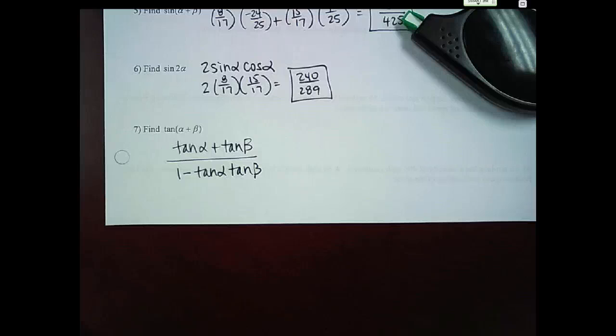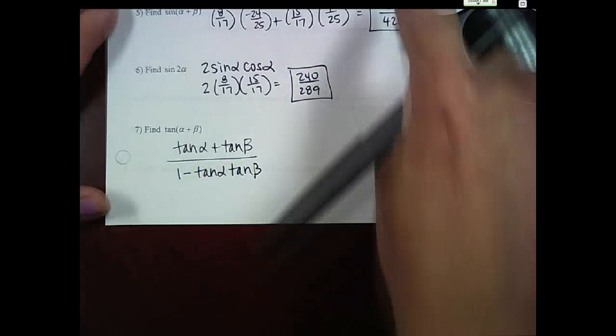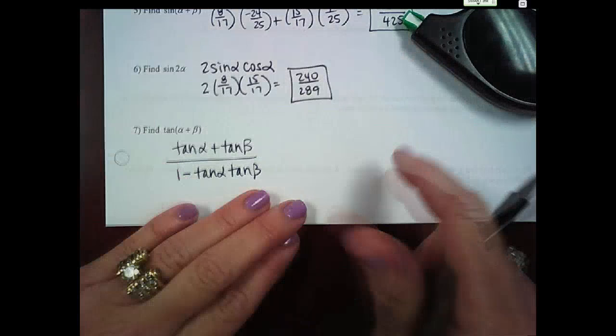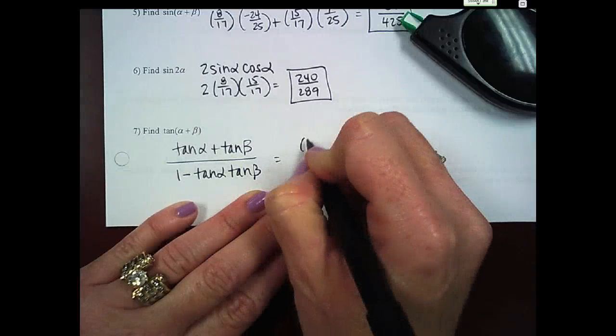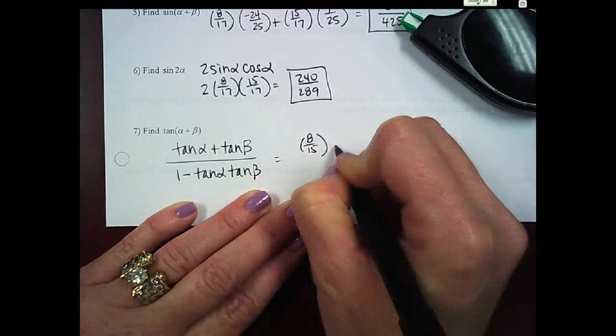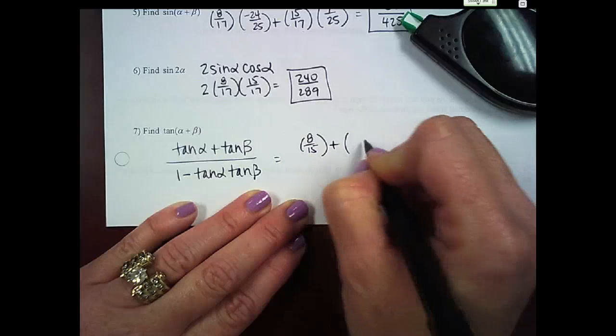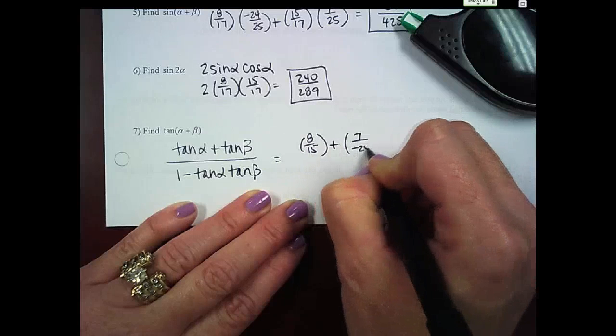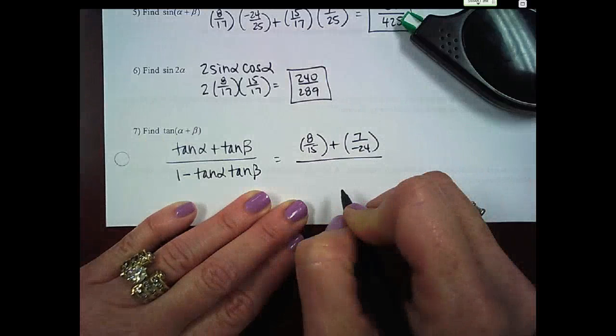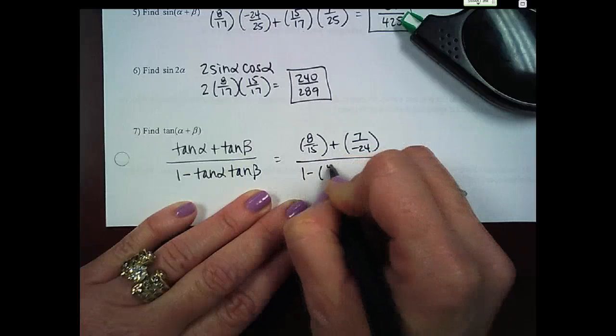Okay. When you find tangent, that's opposite over adjacent, correct? So you're going to look at the triangles and do opposite over adjacent, which would be 8/15 plus 7 over negative 24, over 1 minus the two values.